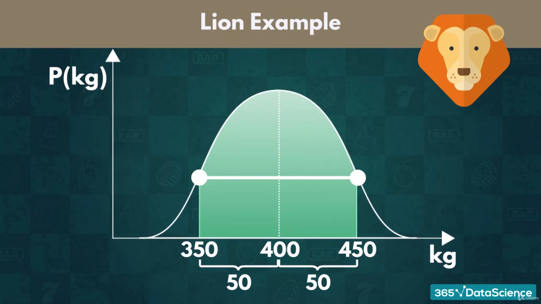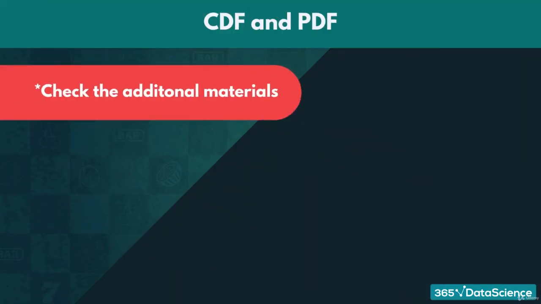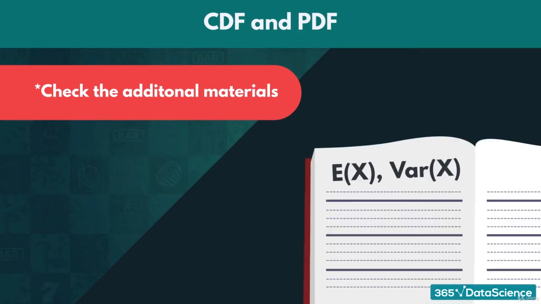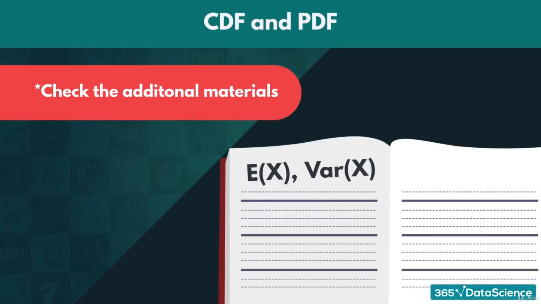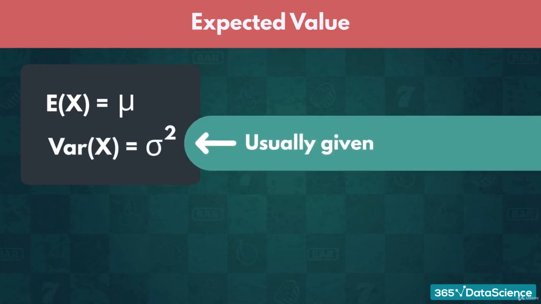All right, for anybody interested, you can find the CDF and the PDF of the normal distribution in the additional materials for this lecture. Instead of going through the complex algebraic simplifications in this lecture, we are simply going to talk about the expected value and the variance. The expected value for a normal distribution equals its mean, mu, whereas its variance, sigma squared, is usually given when we define the distribution.